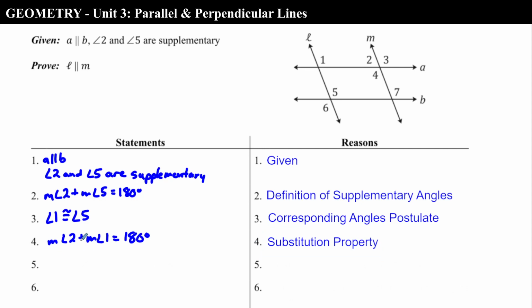So if angle 2 and angle 1 equal 180 degrees, then we can say that angle 2 and angle 1 are supplementary. And that again comes from the definition of supplementary angles.